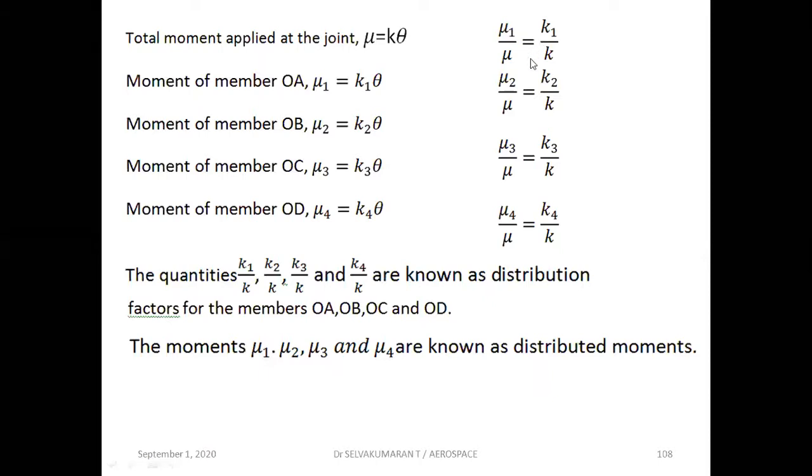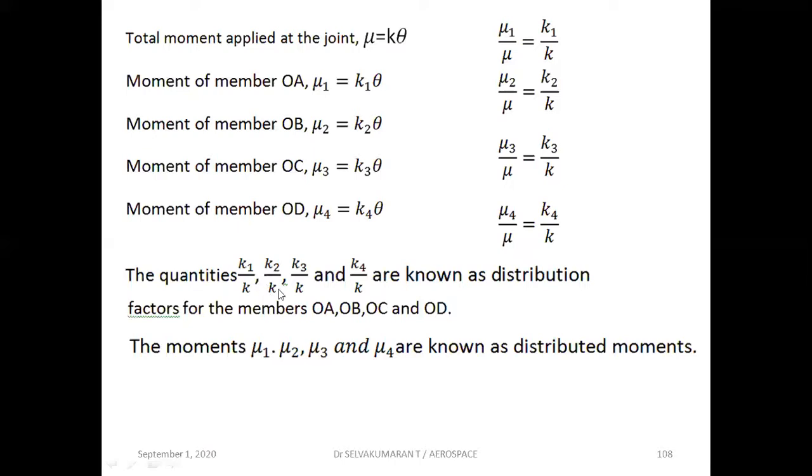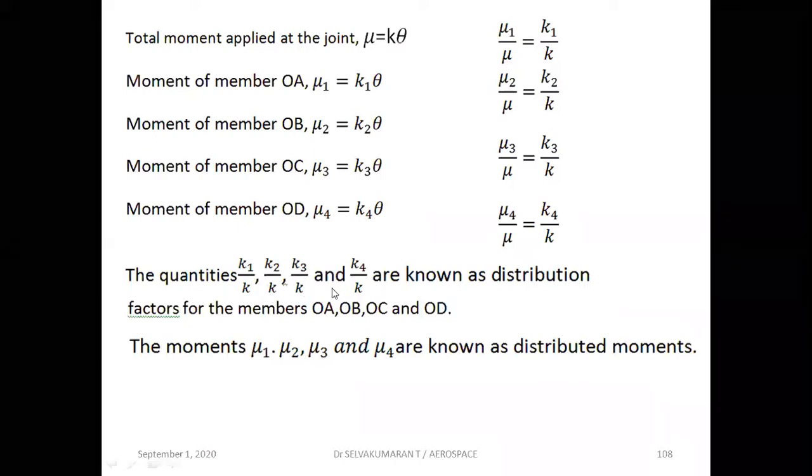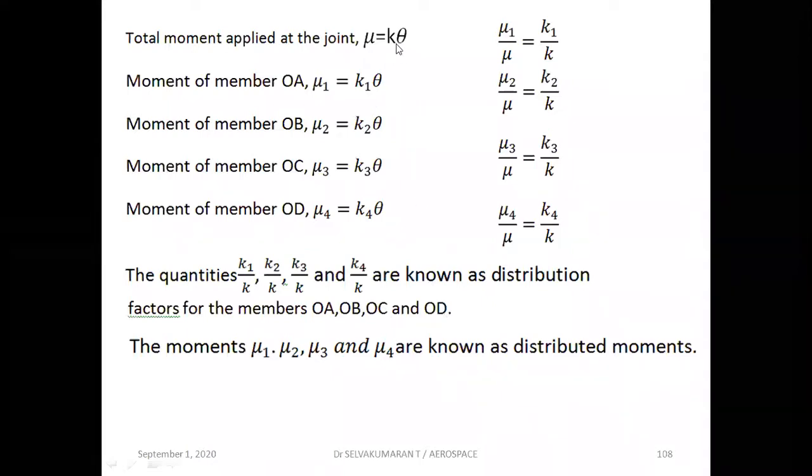Now I want to get the quantities like K1 by K, K2 by K, K3 by K, and K4 by K, which are nothing but the distribution factors for the members OA, OB, OC, OD. How to get this K1 by K? That is nothing but this expression divided by this. Mu1 by Mu is equal to K1 by K. Theta will get cancelled.